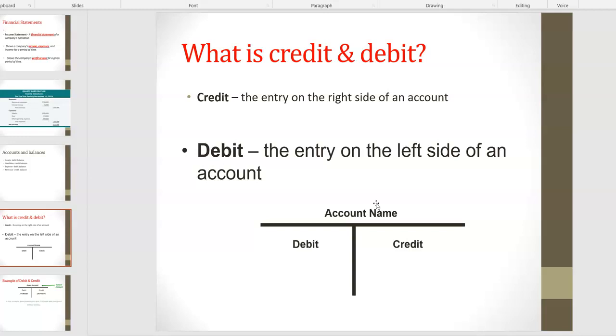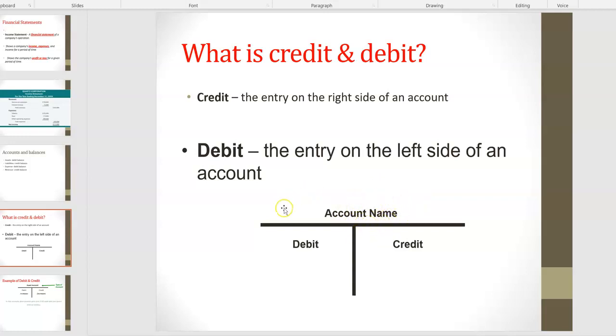So if you can imagine, for simple purposes, that you had a shoe store, every time cash is received or someone spends money in your shoe store, you would have to record that information in a particular account. So imagine this is the cash account.